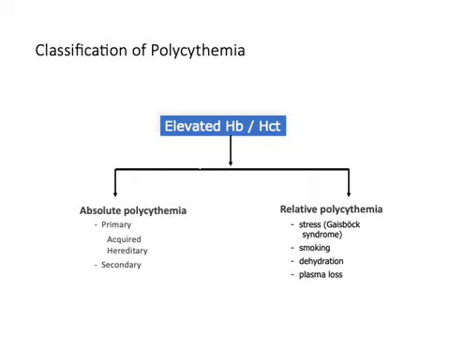We generally suspect polycythemia because of an elevated hemoglobin and hematocrit. However, one must distinguish between absolute polycythemia, where you have indeed an increase in red cell mass, and relative polycythemia. Relative polycythemia refers to a decrease in the plasma volume in relation to the red blood cells, while absolute polycythemia refers to a definite increase in your red cells, and this may be primary or secondary.